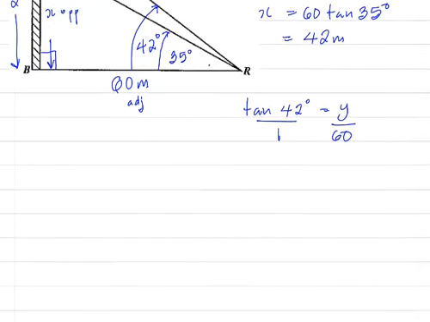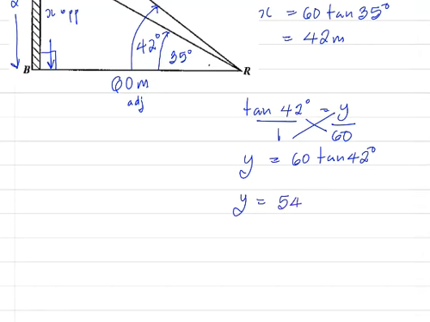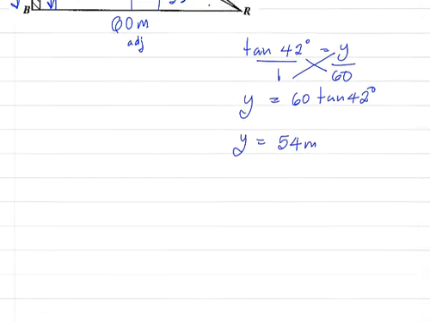To get rid of the fractions, I could cross multiply. So 1 times Y is equal to 60 times the tangent of 42 degrees. So Y is equal to 60 tan 42 degrees, and Y is equal to 54 meters.